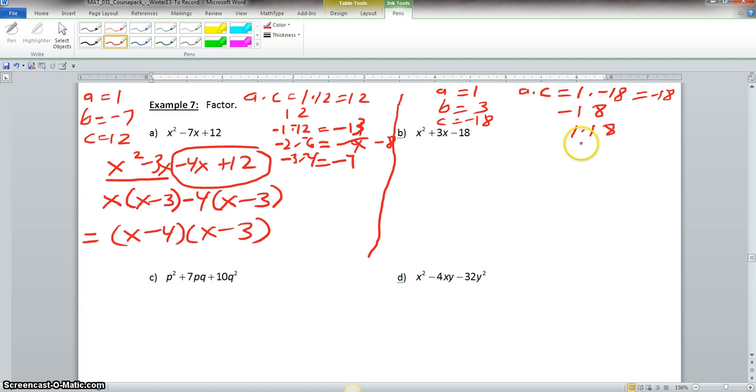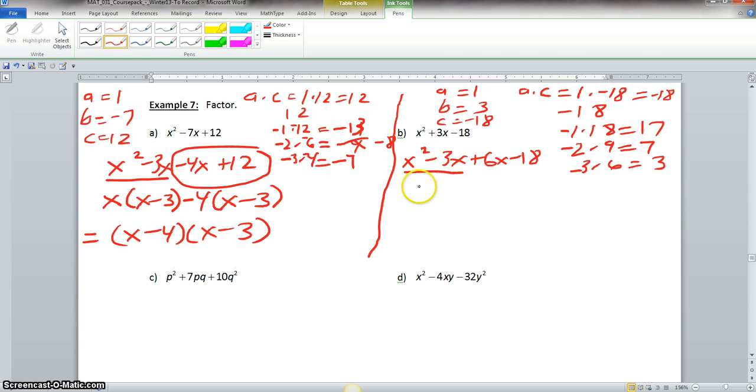So it'd be 1 and 18, 2 and 9, and 3 and 6. Now, since our A times C is negative, but our B is positive, that just means that the lower number will be negative. So this will give us 17, this will give us 7, and this will give us 3. So we want to use the negative 3 and 6.